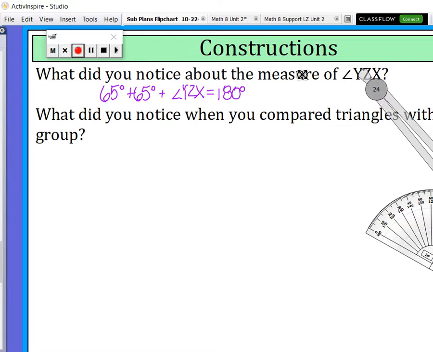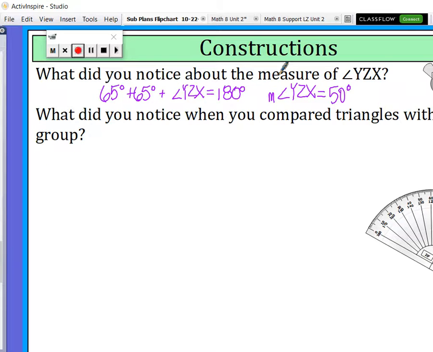So therefore I would know that the measure of angle YZX is now equal to 110 degrees. Sorry, nope, not 110 degrees, my bad. Your angle would equal, let's see, 50 degrees.